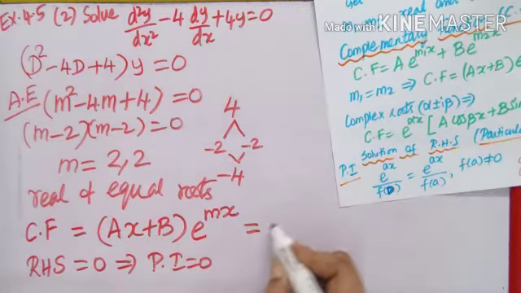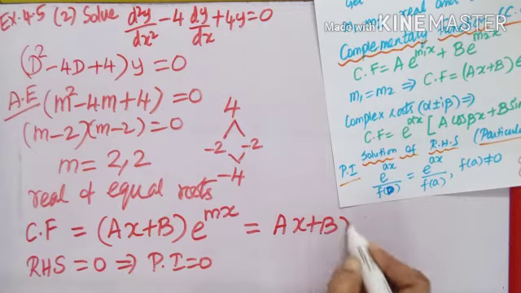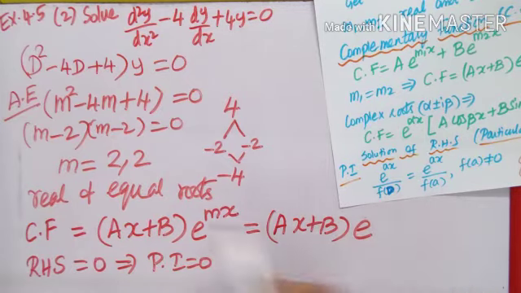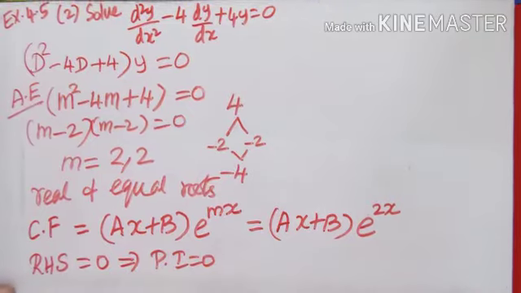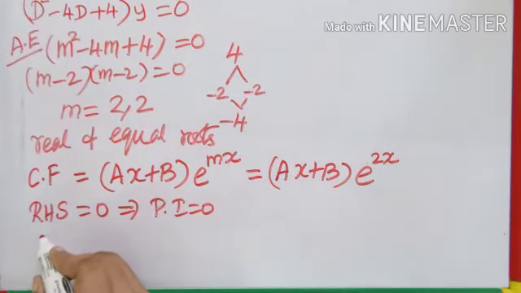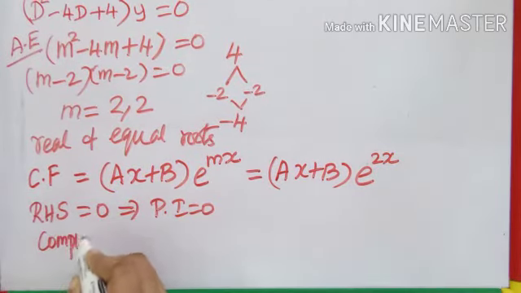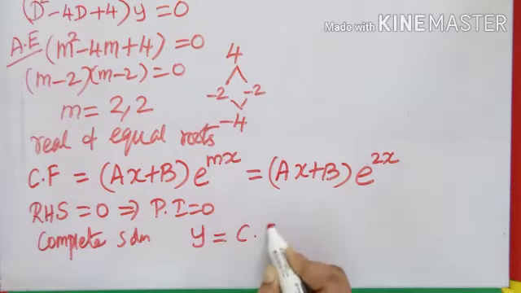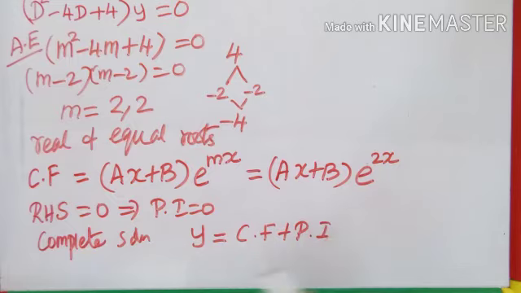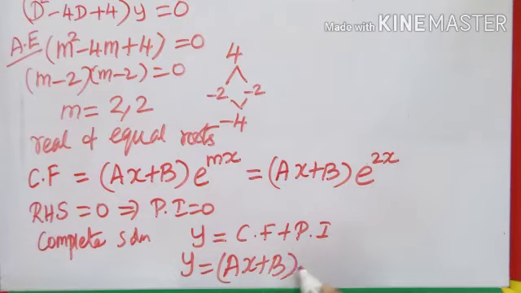So here I get (ax plus b) e power 2x. Now I write the complete solution. The complete solution, or the general solution, is y equals CF plus PI. CF is (Ax plus B) e power 2x. PI is 0. So this is the answer.